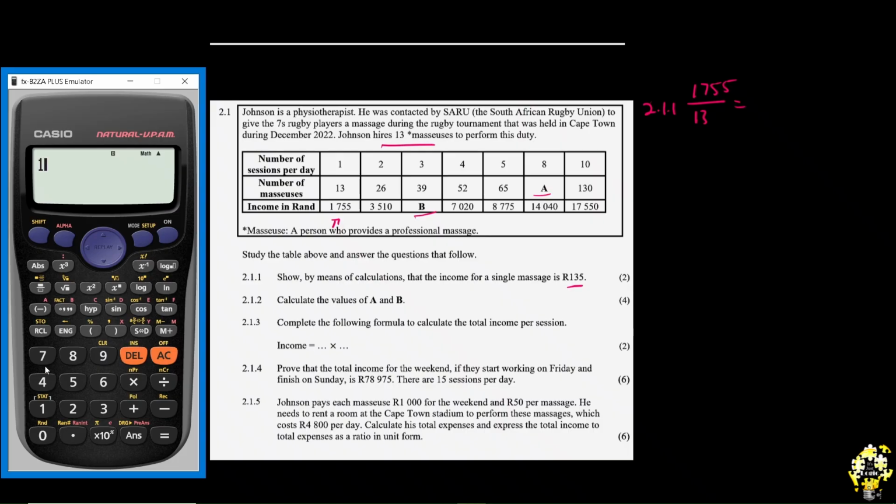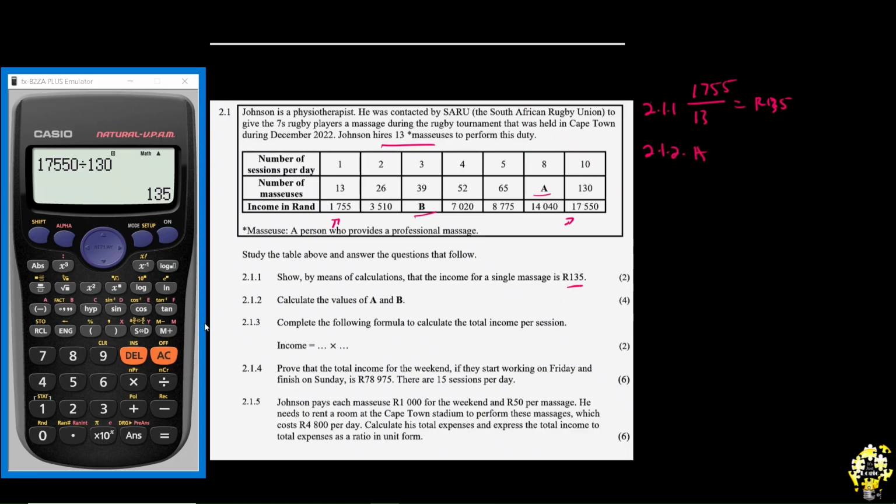Let's see, 1,755 divided by 13. Yes, we are getting that it's 135. Like I told you, prove any at random. This one, does it give us the same answer? 17,550 divided by 130. What do we get? 135. Therefore, you can move on.